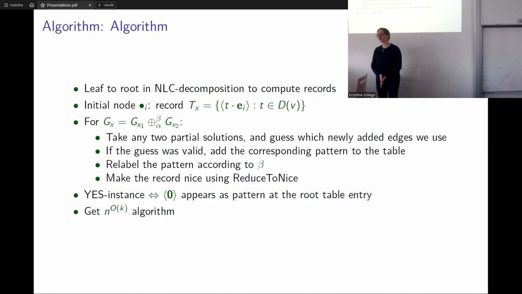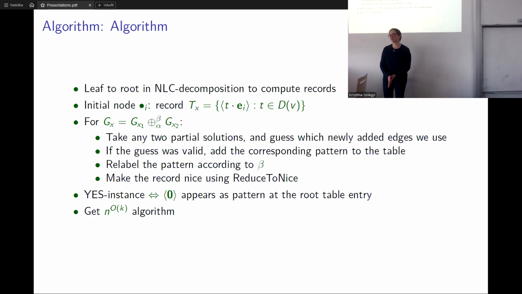So all in all, the algorithm looks as follows. We start with a leaf to root NLC decomposition. We use a dynamic program for the initial node, which is just one vertex with some label.